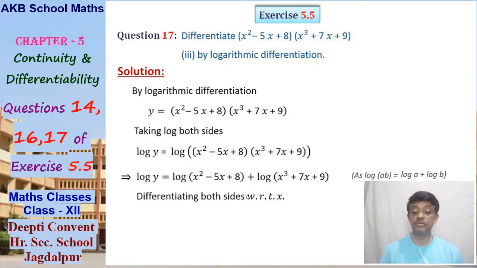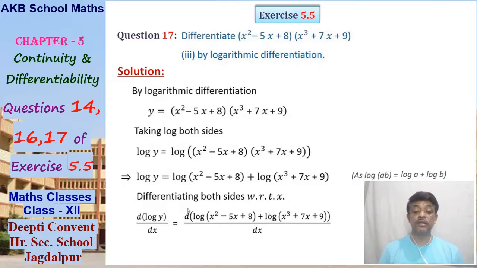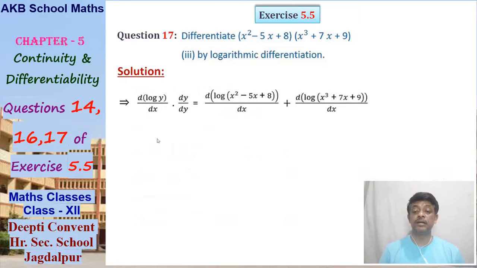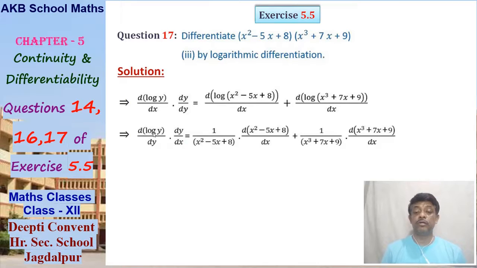Now differentiate on both sides with respect to x. On the left side dy dx of log y, on the right side dy dx of both terms, distributing and differentiating. There is some misprinting there. The derivative of log y is 1 by y dy by dx.